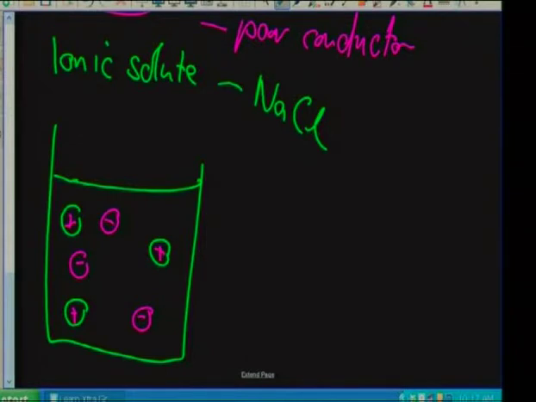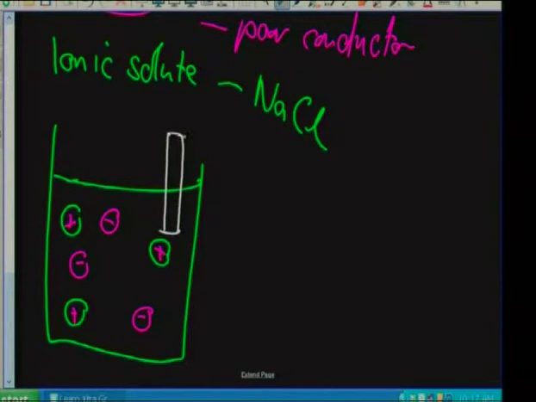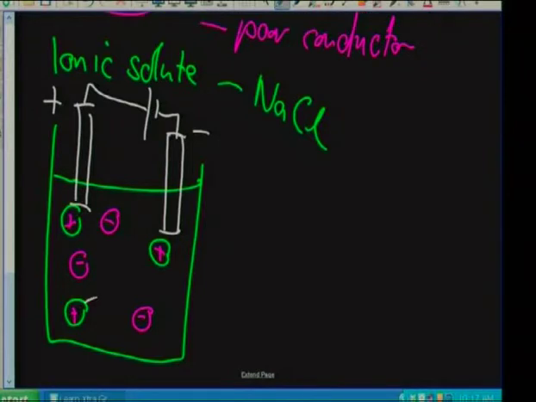But if we put an electrode into this solution, connect it to a power supply, and we make this end positive and that end negative, what do you think is going to happen? Think about it for a minute. Well, it's not difficult to see that the positively charged particles are going to move towards the negatively charged electrode.